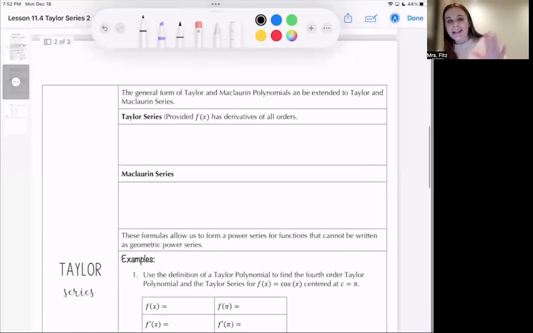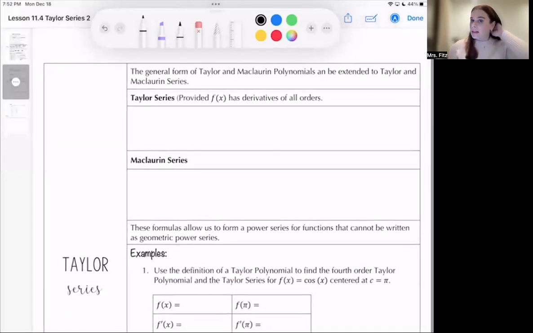So we can extend this out just like we did in that last problem to an infinite series. So instead of just having a Taylor polynomial, you can just add a dot, dot, dot at the end in a general term, and it turns into a Taylor series.